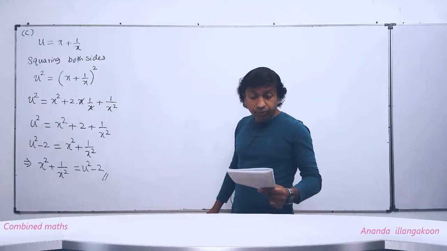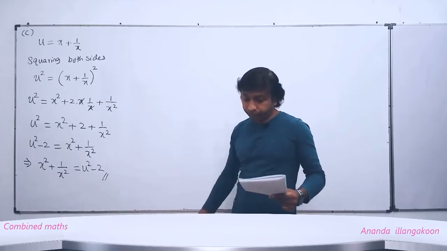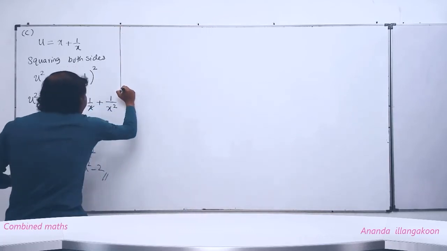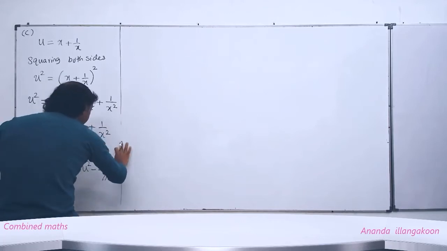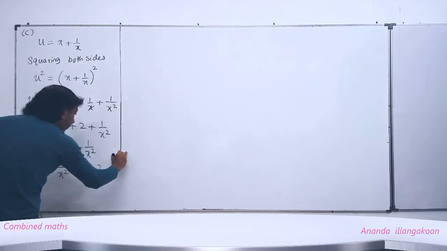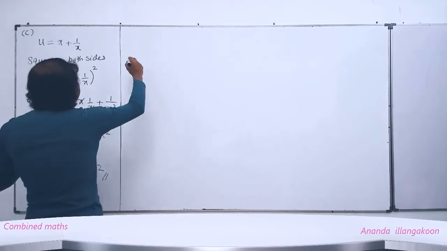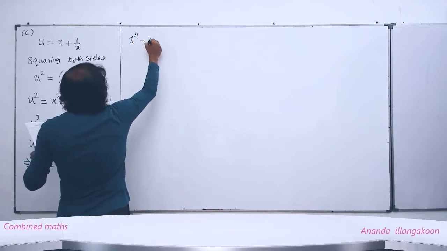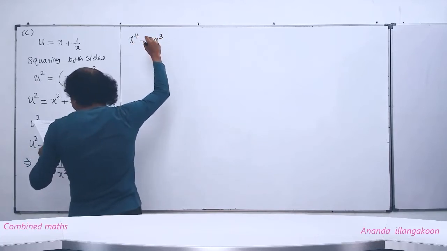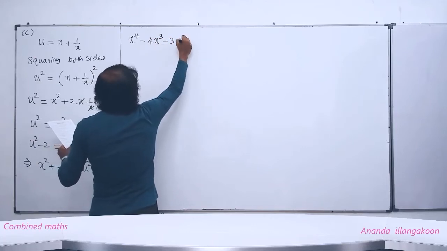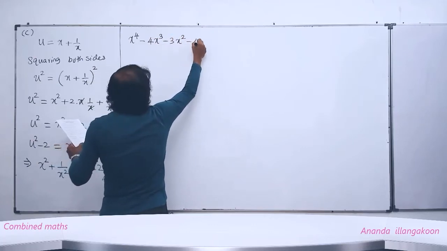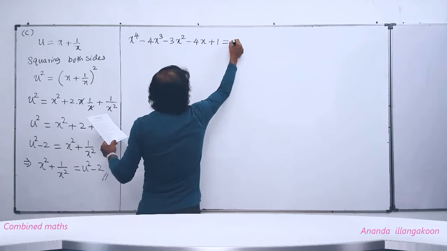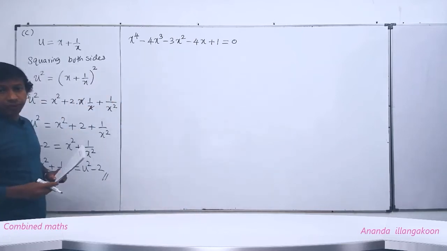It is a 4th power equation. x to the power 4 minus 4x cubed minus 3x squared minus 4x plus 1 equals 0. This is the equation we have to solve with the help of this result.